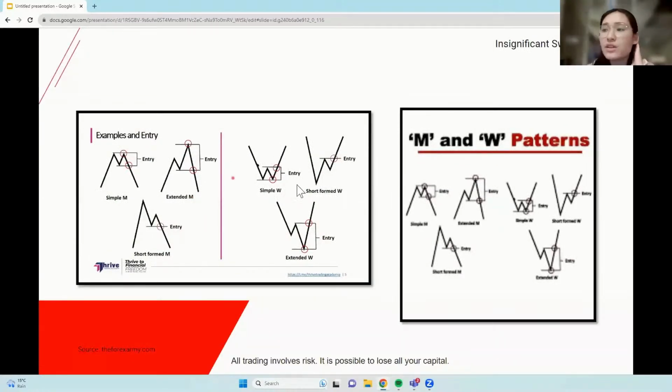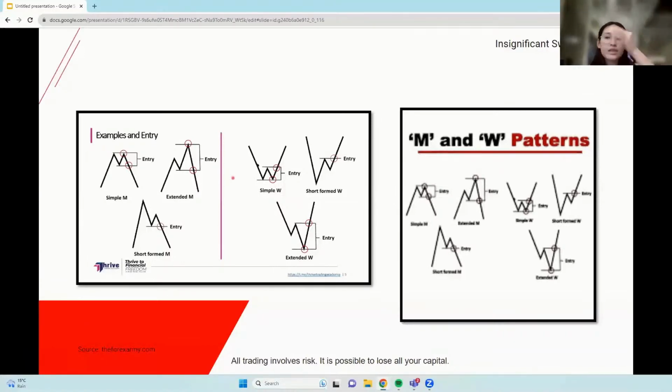Here I've included some examples of entry and some shapes that you can take note of. Once again, if I'm not wrong, there are more than 50 shapes for Elliott wave and harmonics. It's a bit difficult for me to include all of the shapes, but I have tried my best to include a couple of important ones for you to take note of.